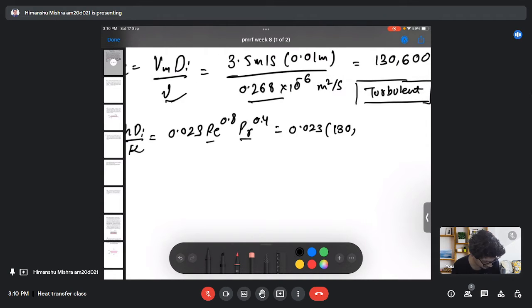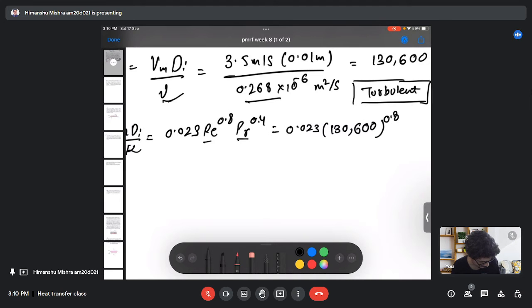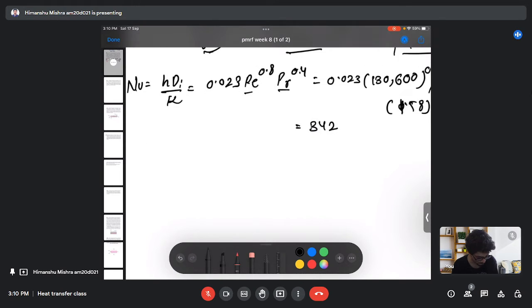The Reynolds number we found is 130600 to the power 0.8, and the Prandtl number is 1.58 to the power 0.4. On calculating, we will get a Nusselt number of 342. Now we need to find the heat transfer coefficient, which is basically the internal heat transfer coefficient.